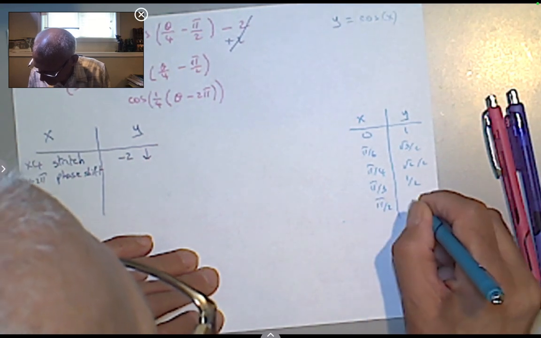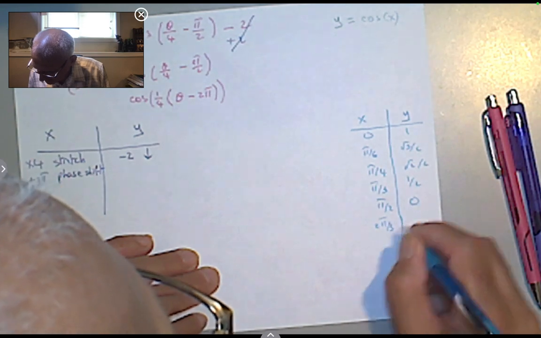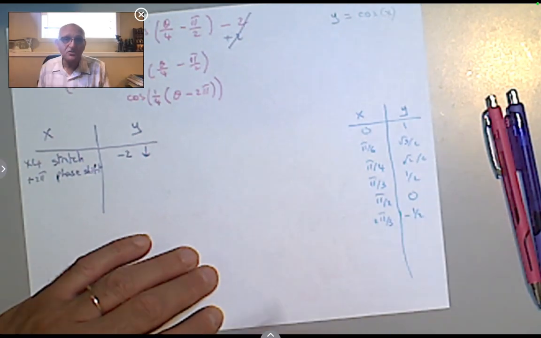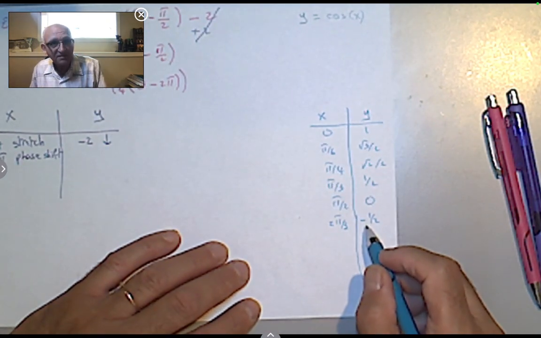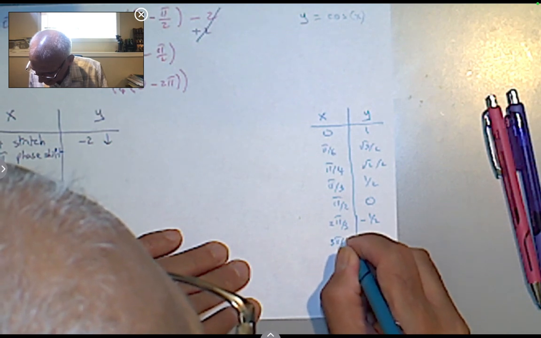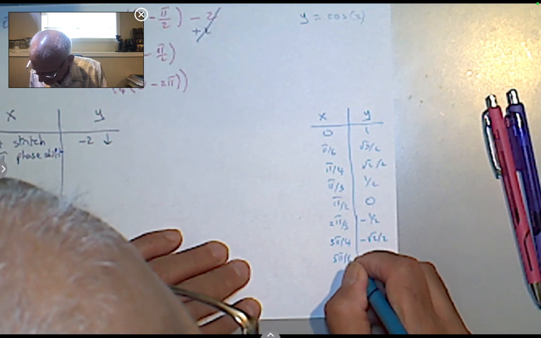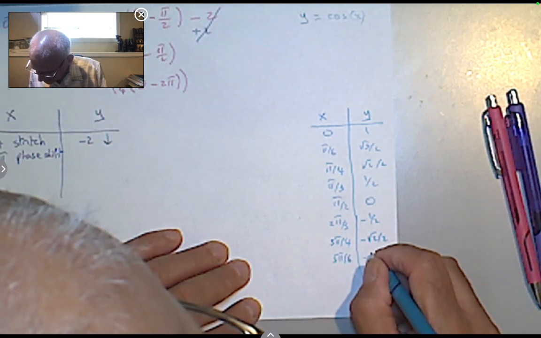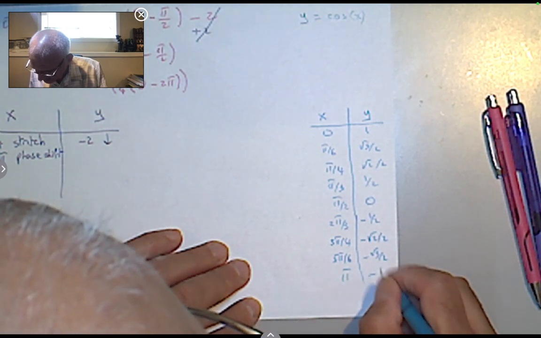Pi over 2 is 0, and then they go backwards, so 2 pi over 3 is negative 1/2 because the cosine function is negative in the second quadrant. 3 pi over 4, you get negative root 2 over 2. 5 pi over 6, you get negative root 3 over 2. And pi, you get negative 1.